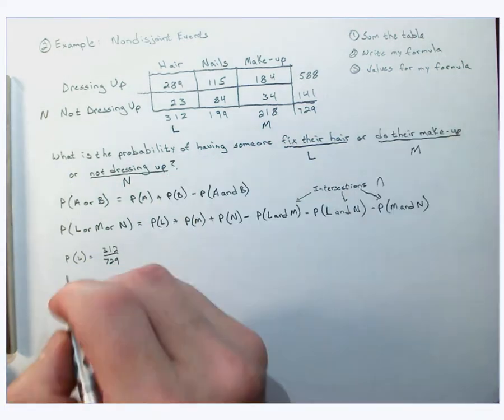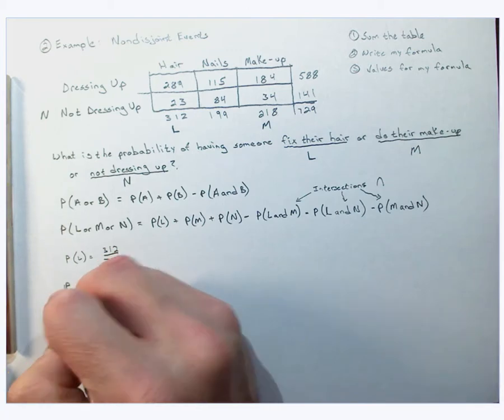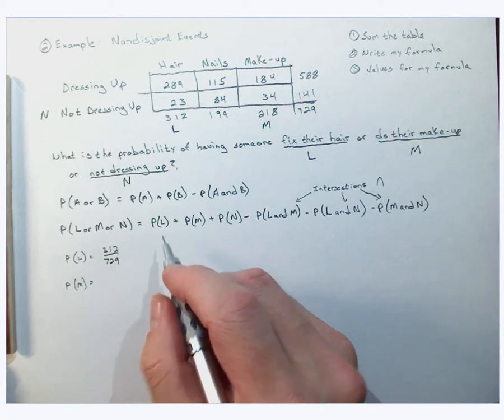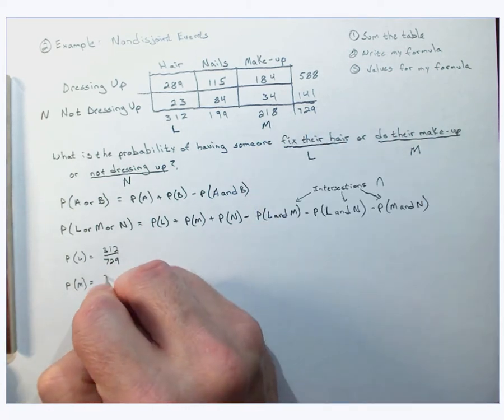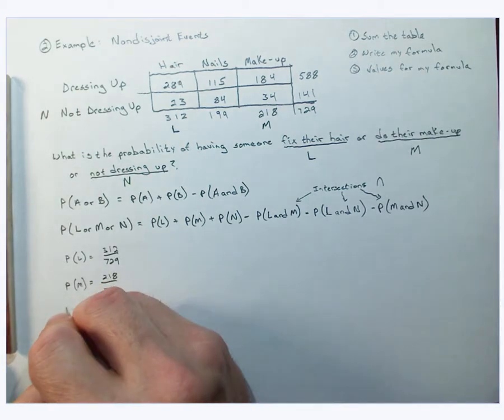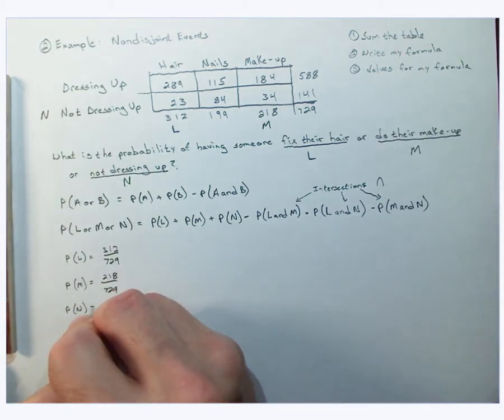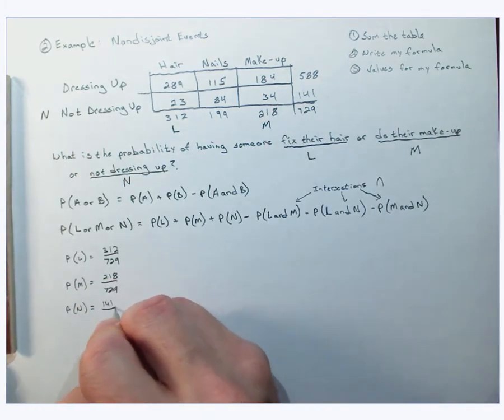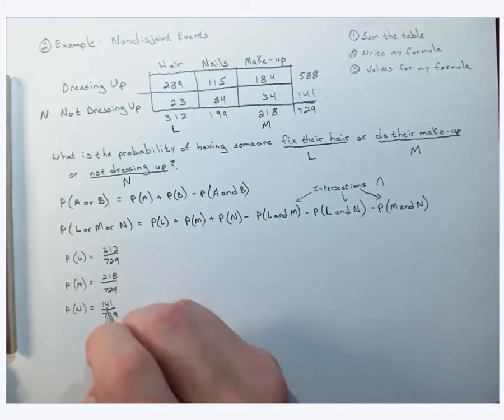That's why you sum the table. It simplifies your work once you're ready to start writing everything out. M is 218 over 729. And then the probability of N, let's see, N is 141 over 729.